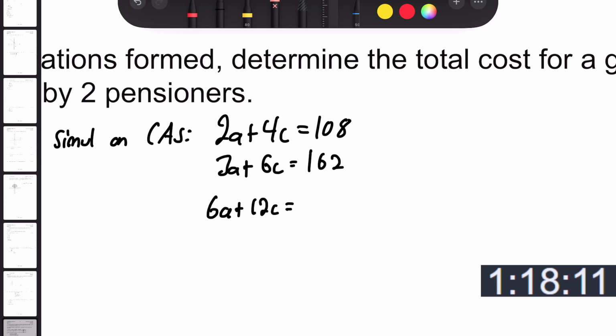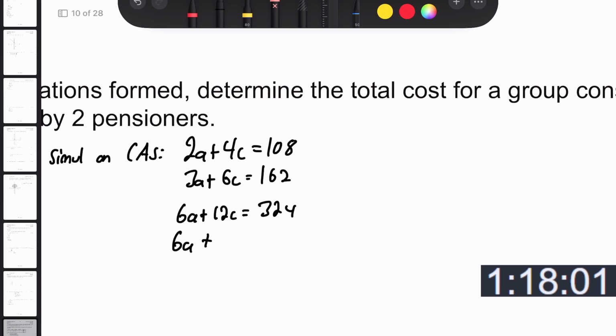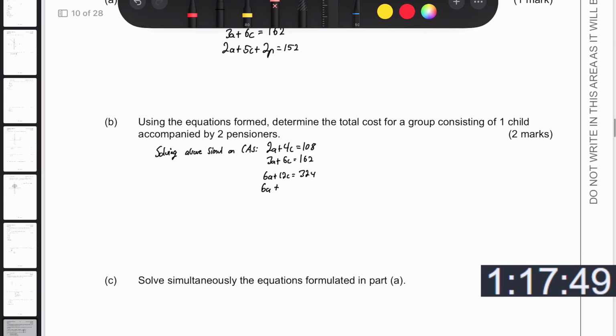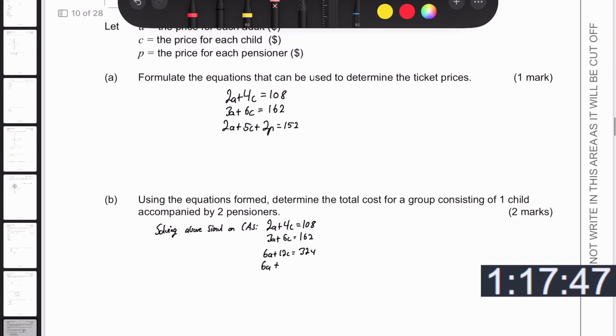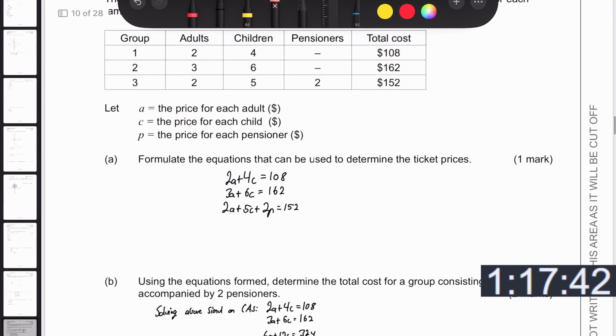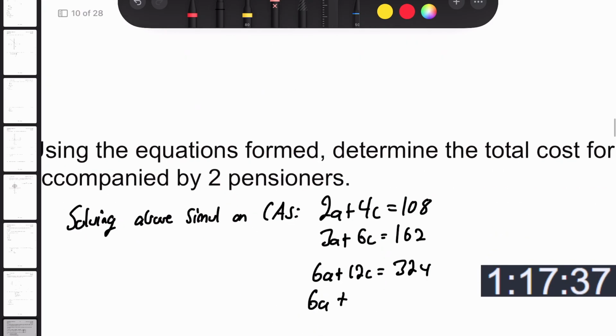So 108 times 3 is 324. Never mind. Wait, oh, I'm so stupid.